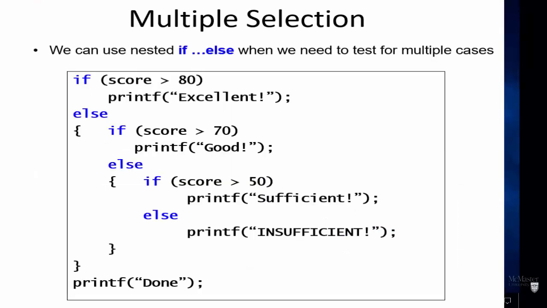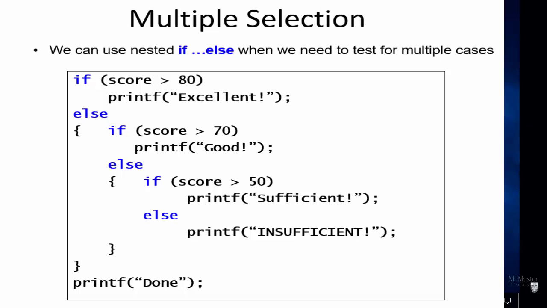Okay. So you have this in the lab questions. Basically, what if you want to do multiple selections? If else would be completely okay to do that, and the way you do this is you do nested if elses, right? So assume, for example, if the score is larger than, this is a very common example of doing multiple selections when you do the grading thing, right?